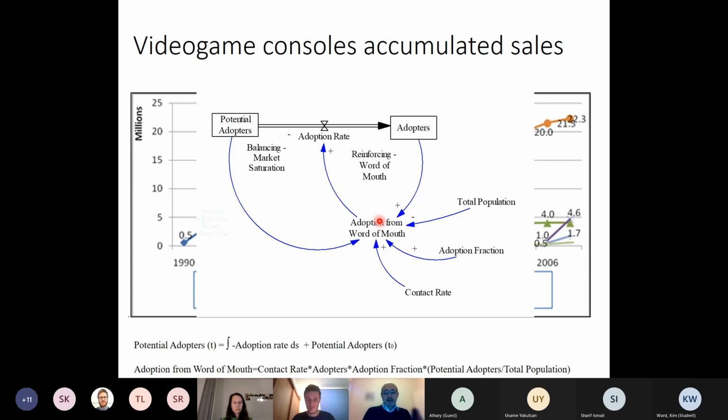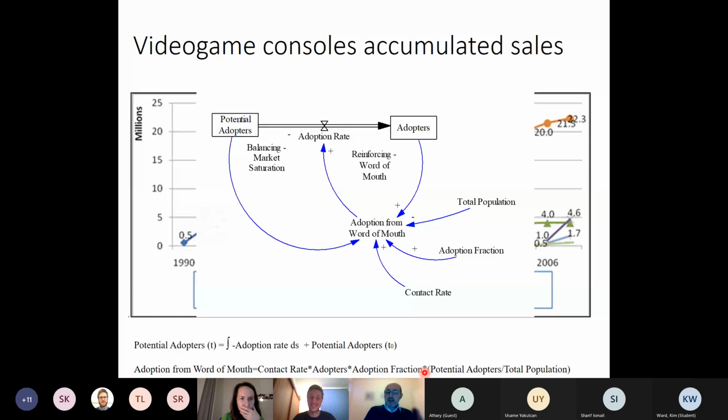Right, and let's see this equation for a moment. So remember that in the previous equation we have contact rate multiplied by adopters, multiplied by adoption fraction. That is essentially the first part of the equation that we saw before, that drives this reinforcing feedback process.